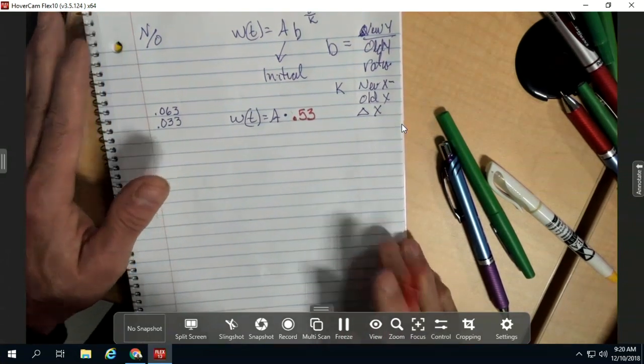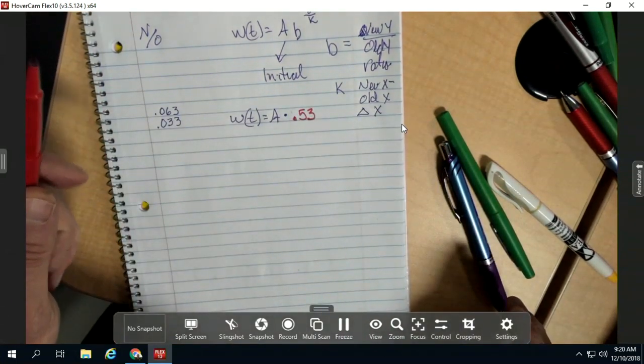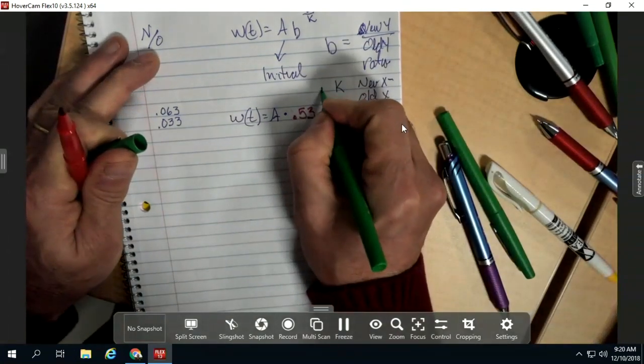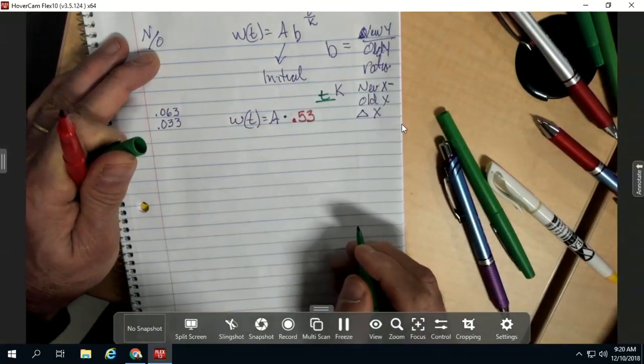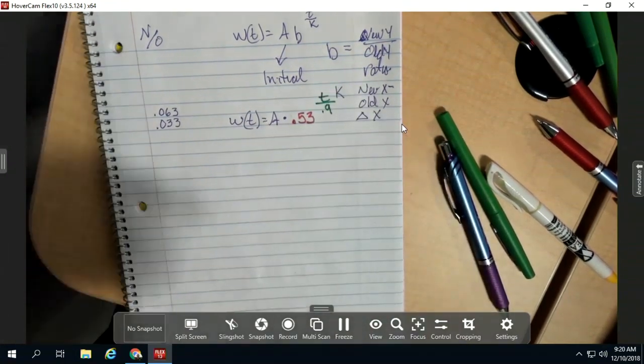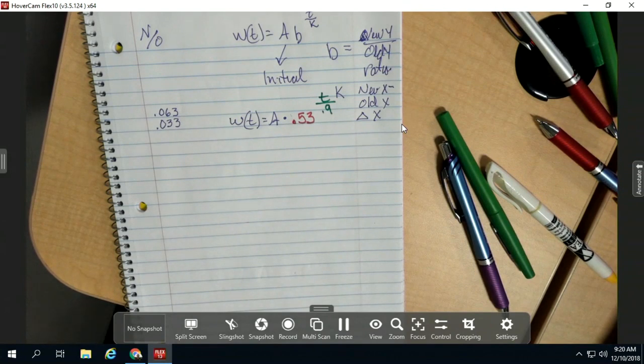Was it 0.53? 0.53 to the t over 0.9. Now you got to be honest. Tell me which one of those things you don't understand how we got it, because you got to be able to do this for the test.